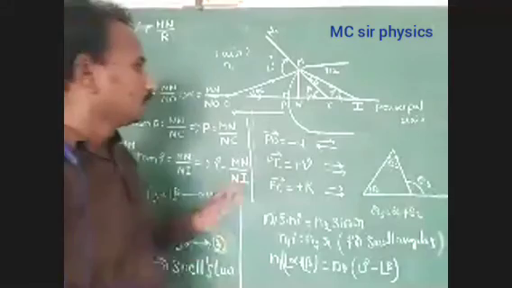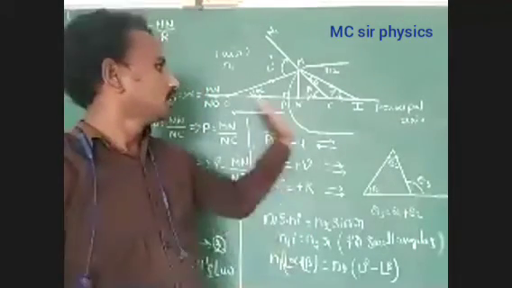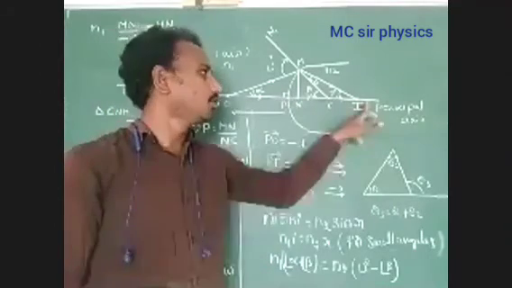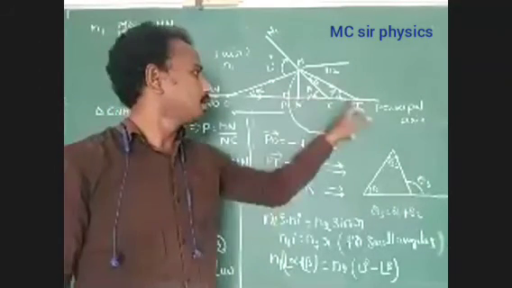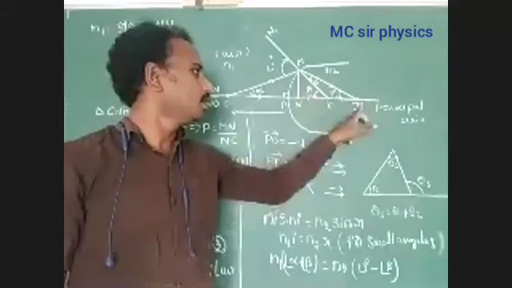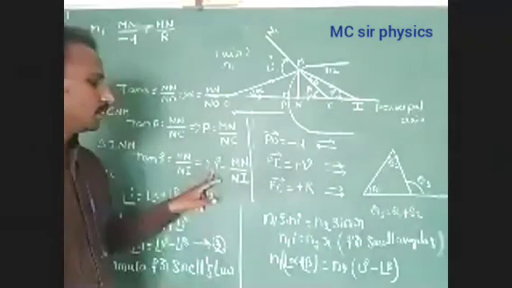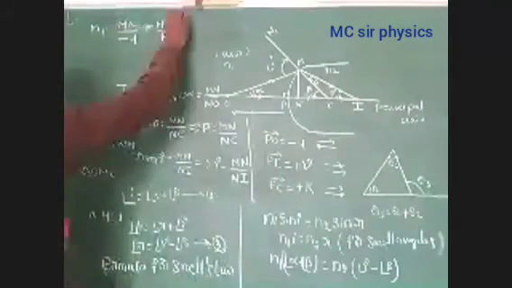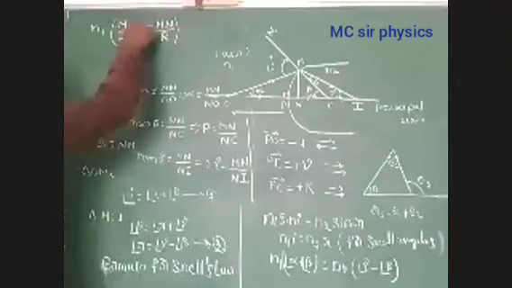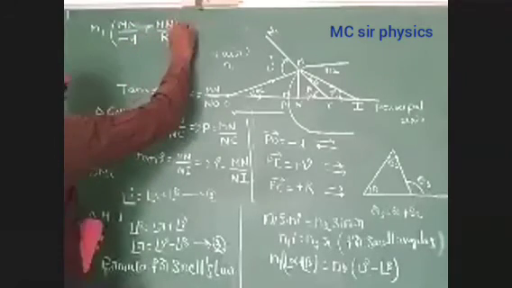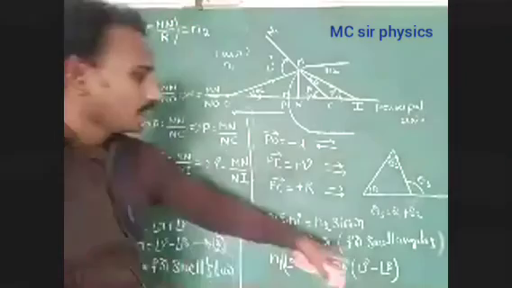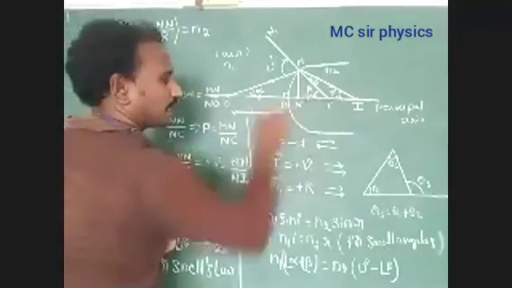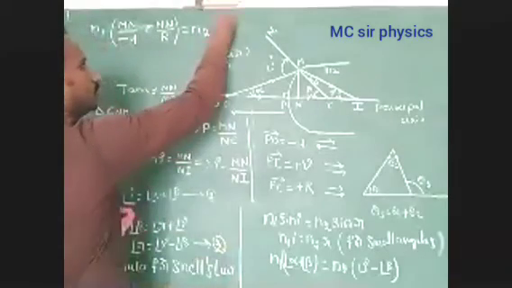Next, we have to find the image distance. Image distance we calculate from the pole to the image formation point. This PI value equals NI. Here, what is the gamma value? NI value equals PI. We have to substitute that condition. Just listen: MN by minus u plus MN by R equals n2 times angle gamma. Here, gamma is MN by NI, and NI equals PI.